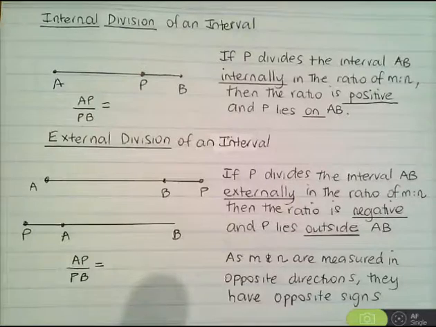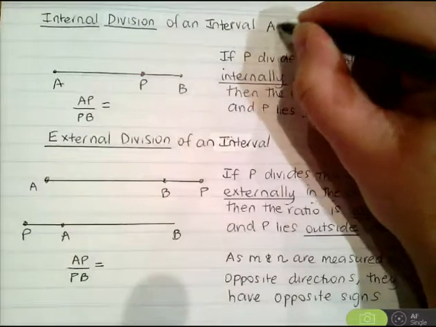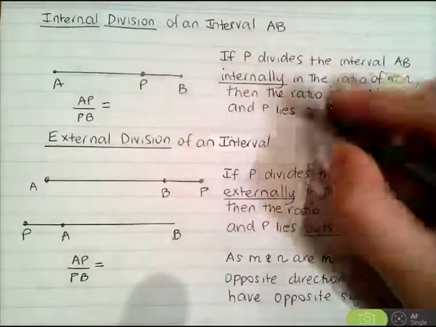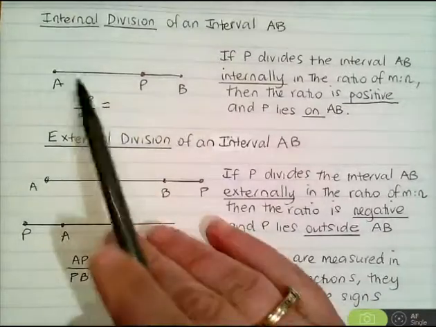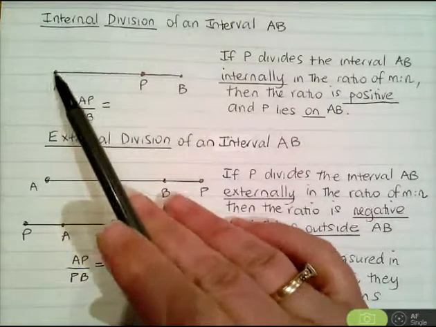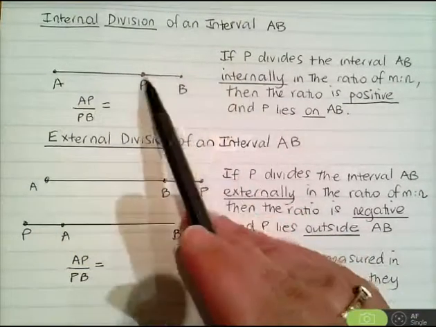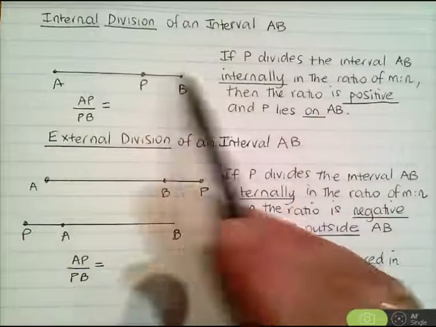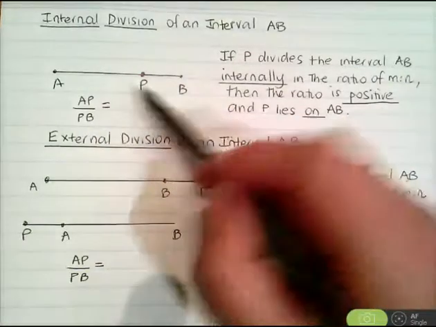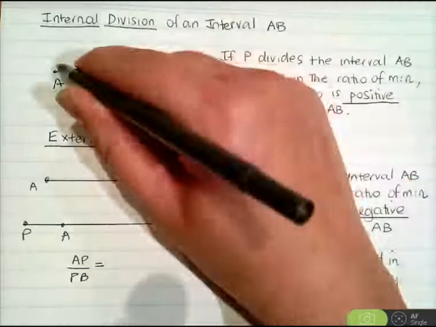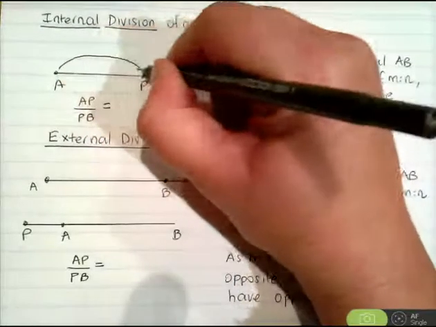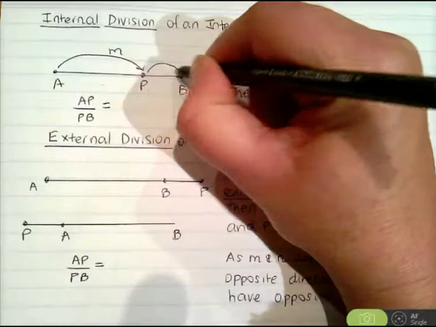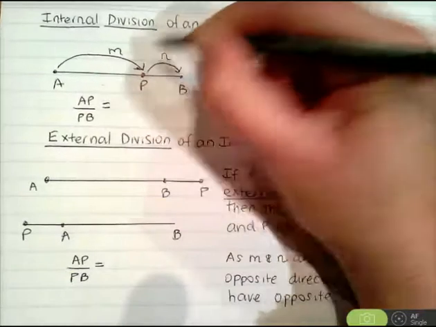Now there are two types of division of an interval. So we're looking at internal division of interval AB and also external division of an interval AB. So here is interval AB from there to there. Now if P divides the interval AB internally, then P must lie between A and B. And if it is in the ratio of m to n, notice they're going in the same direction.